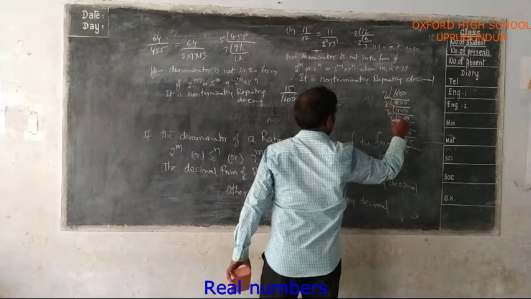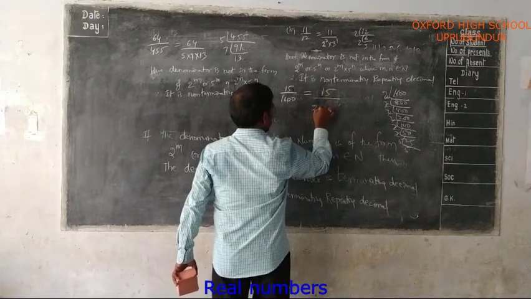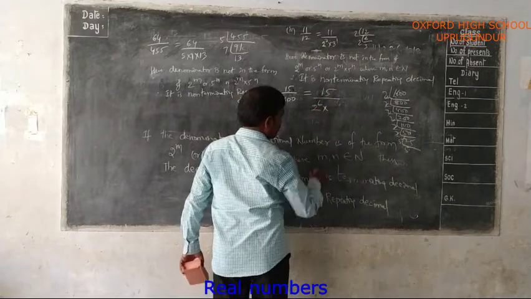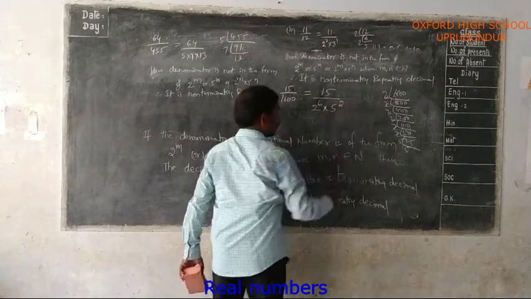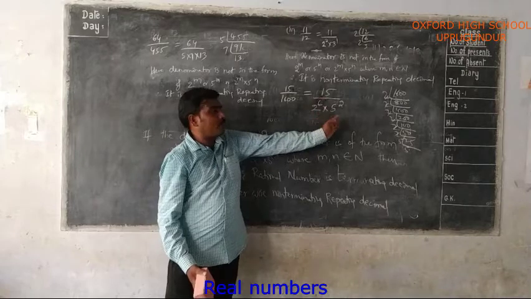So 15 by 2 power 6 into 5 power 2. So here the denominator is in the form of 2 powers into 5 powers.